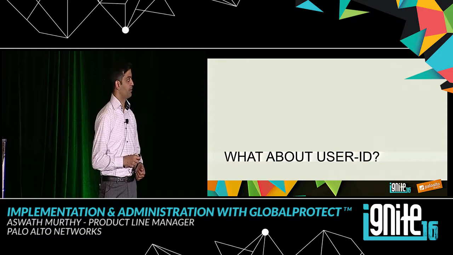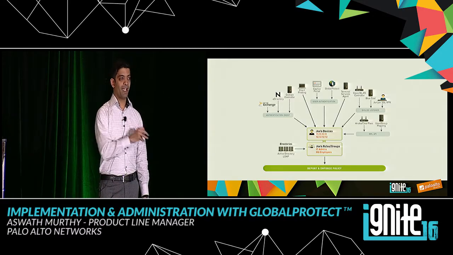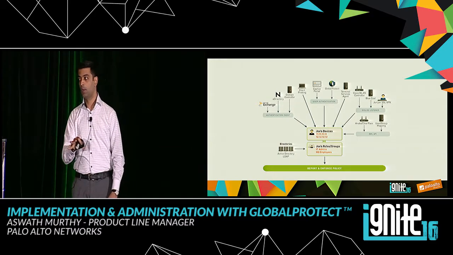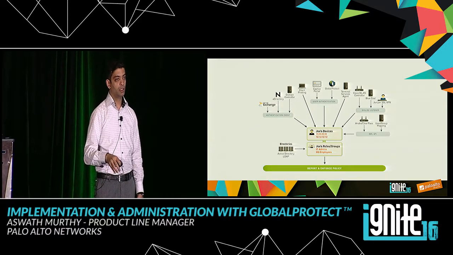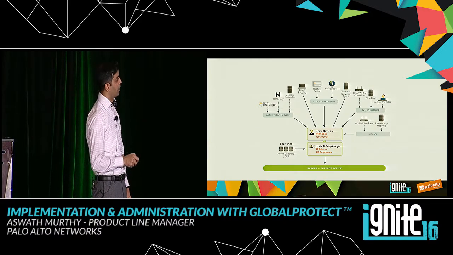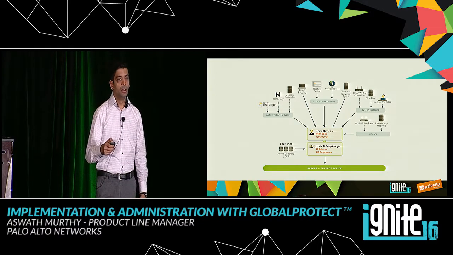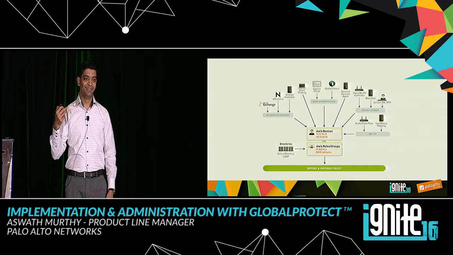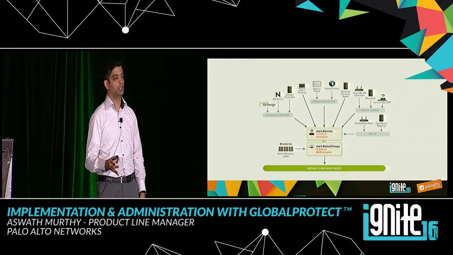If the authentication process is complete, this now drives us into user ID. The fact that you're authenticating to the GlobalProtect gateway establishes user ID on the gateway. And you have probably seen this slide before, and there's this tiny little part that says GlobalProtect and user authentication. In our mind, this is the most reliable way of deriving user ID.